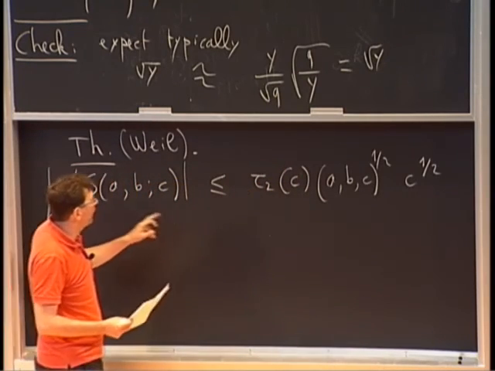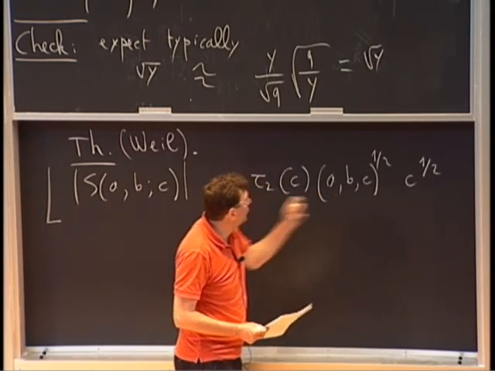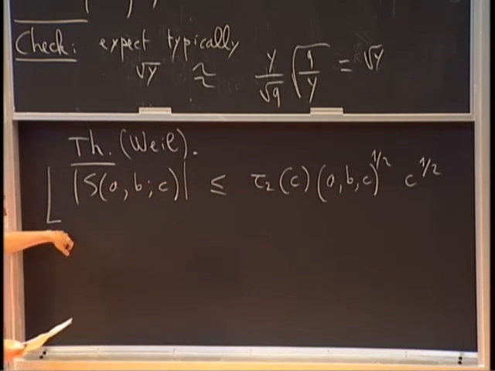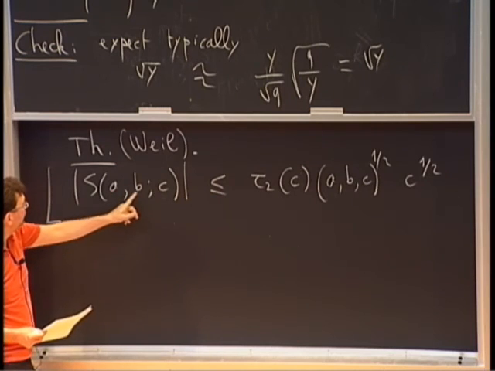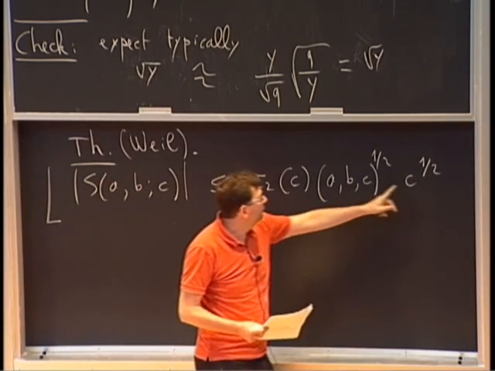For instance, if C is prime, this is 2, and this is square root of p, and this is usually just 1. But if, let's say, C is prime, and A and B are both divisible by p, then you get p, okay?